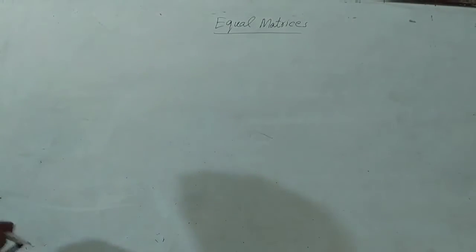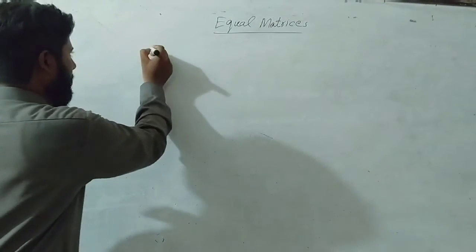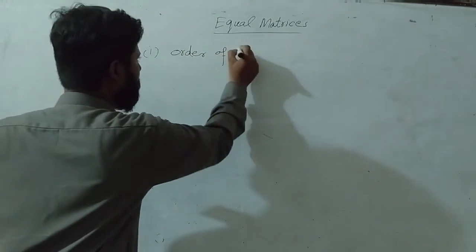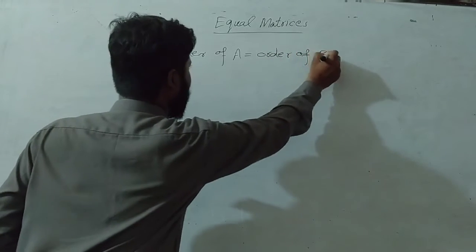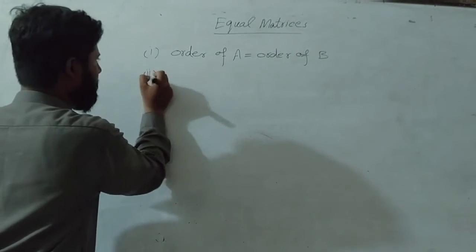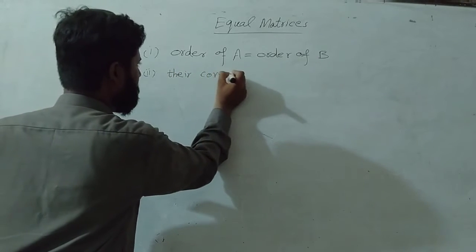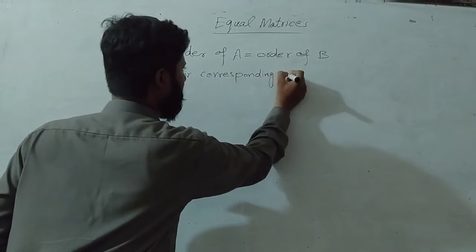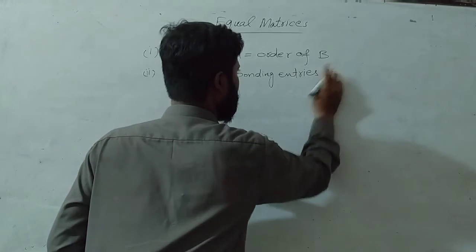So the definition of equal matrices is this: two matrices are said to be equal if the order of A is equal to the order of B, and the second condition is this: their corresponding entries should be equal.